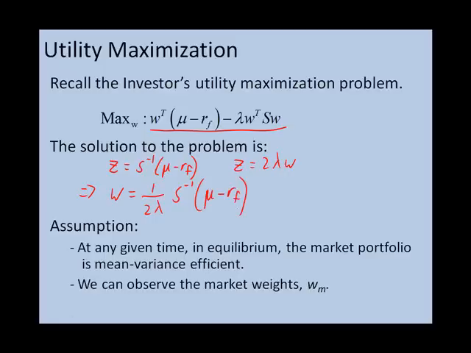Now the assumption made by Black and Litterman was that at any given time, in equilibrium, the market portfolio is mean variance efficient. Why would they say that? If we think about our model, all investors are maximizing their expected utility.